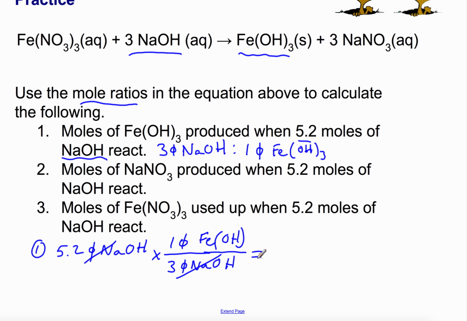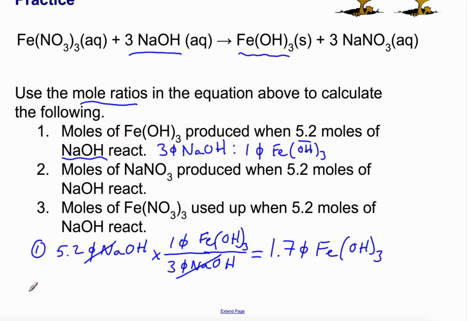My answer here is 5.2 divided by 3, so I get 1.7 moles of Fe(OH)3. Pretty simple. That's how I use the mole ratios.